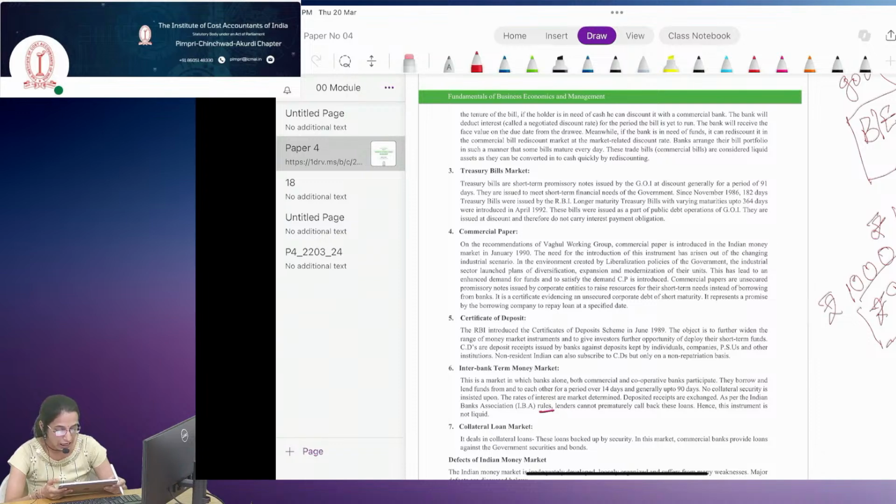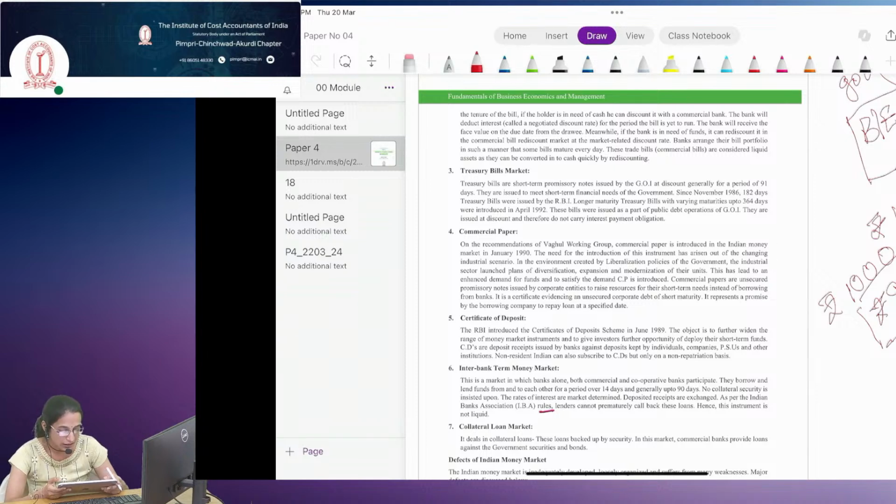So we will read this. Treasury bills are short-term promissory notes issued by the government of India at discount, generally for a period of 91 days. These are issued to meet short-term financial needs of the government. Since November 1986, 182 days treasury bills were issued by RBI. Longer maturity treasury bills with varying maturities up to 364 days were introduced in April 1992.